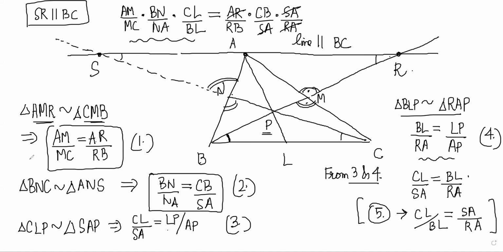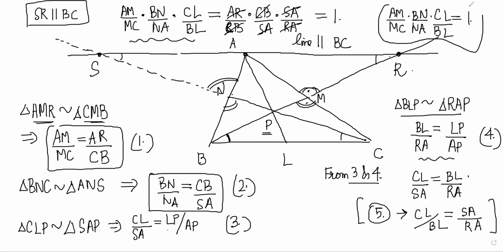So that is a mistake in writing. I meant AR by CB here. So notice now that this is also CP and this gets cancelled. We are getting 1 here. So we have proved that AM by MC times BN by NA times CL by BL is equal to 1.